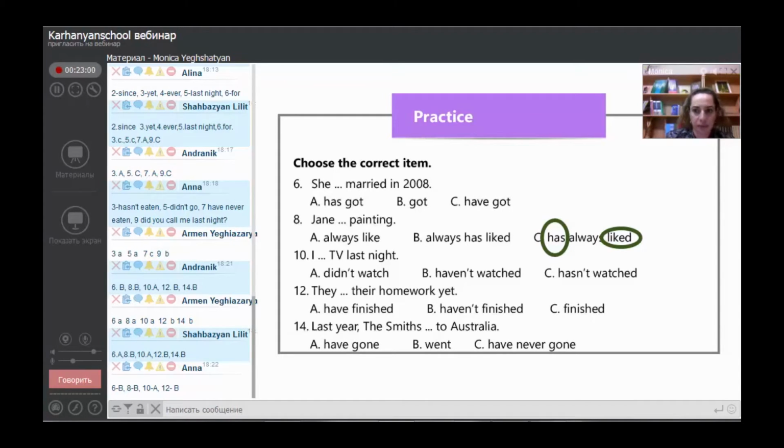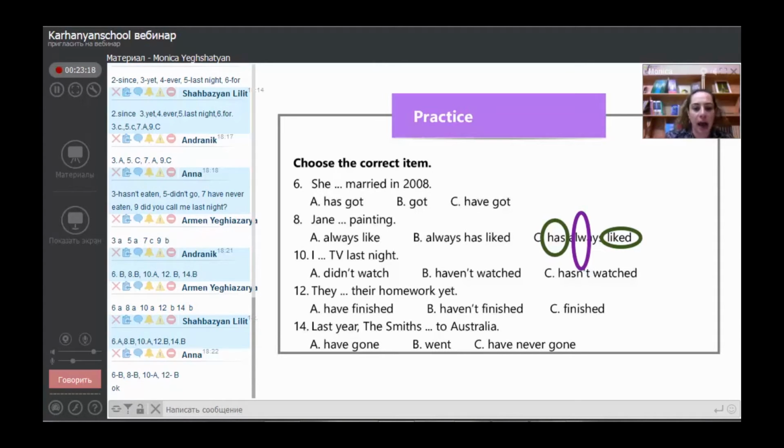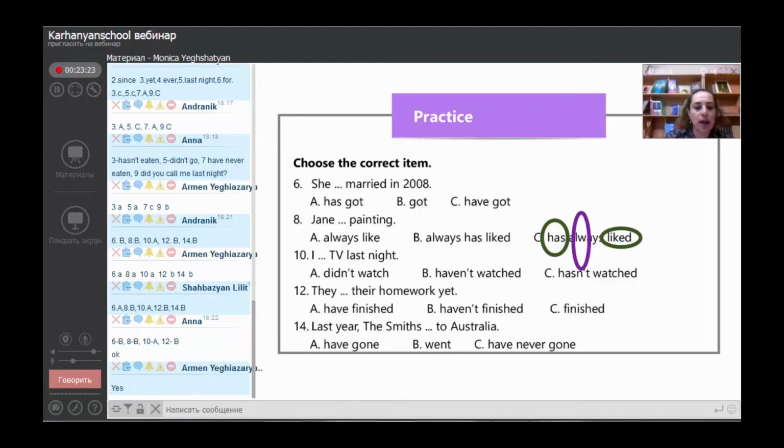Here, the adverb of frequency must be written in the middle, after the auxiliary verb, before the main verb. Okay, do you understand? We write, Jane has always liked. Be careful, these words are written before the main verbs, but after the auxiliary verbs. Okay, so let's go on.